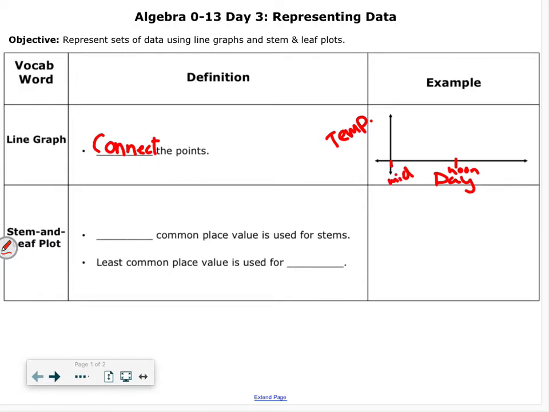At midnight, let's say the temperature is fairly cold, and then it increases around noon, maybe stays about the same temperature for a little bit, and then in the afternoon it starts to decrease. So if we had certain temperatures there, this would be a line graph where we have a bunch of lines that connect the certain temperatures together.